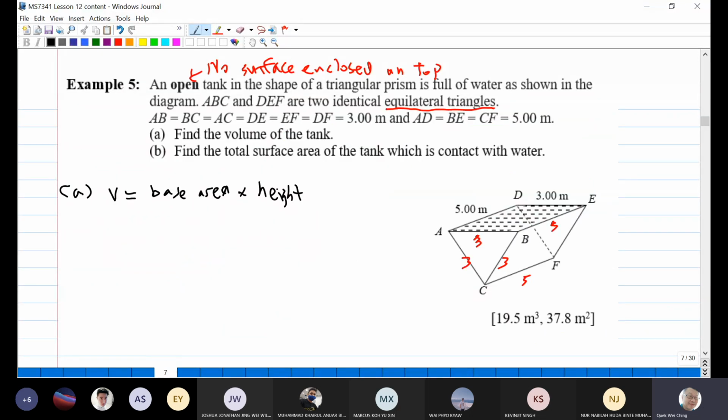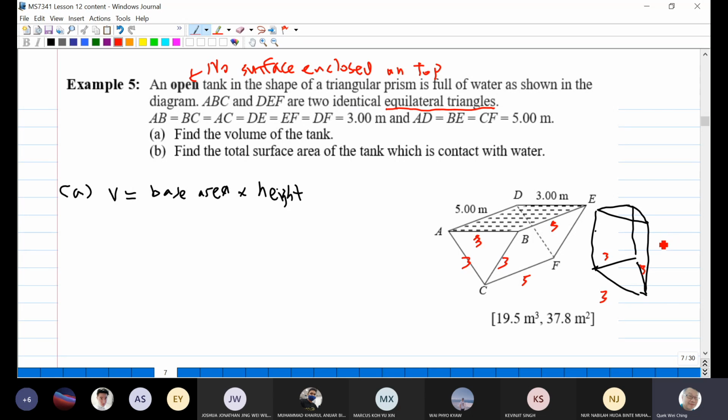So you turn it upside down, and it looks something like this, where the sides of the triangle are all 3.